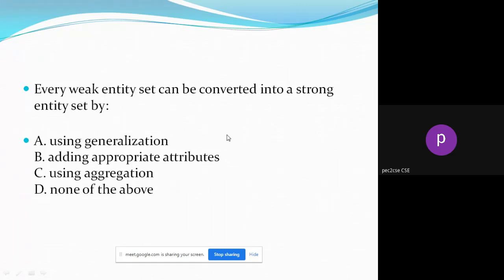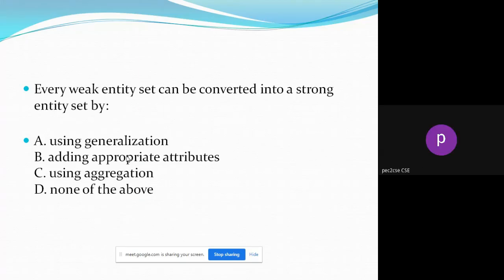Every weak entity set can be converted into a strong entity set by. How can you make the weak entity a strong entity? In which way? Whether by doing generalization or by adding.